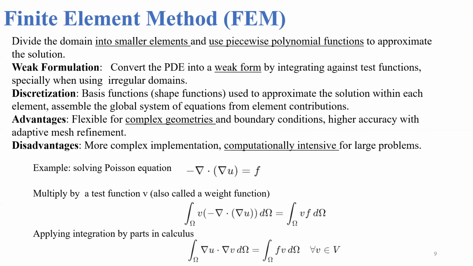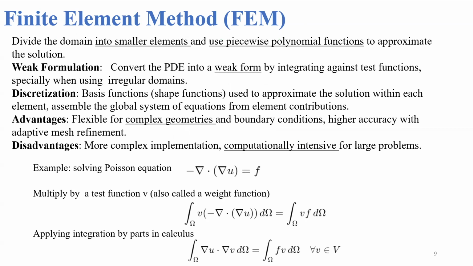We'll see the finite element case. In the finite element case, we are dealing with smaller elements, and we want to use piecewise polynomial functions to approximate these solutions. An important concept in the finite element method, which we'll also learn in the next module, is how to convert a strong partial differential equation into a weak form by integrating against a test function.